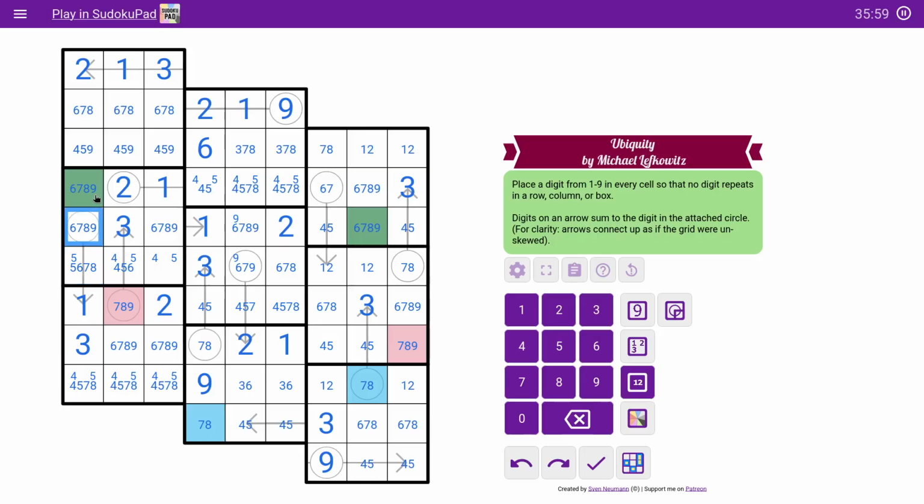If this is not a 6, this is a 4, 5 pair. This is a 6. This is 5, 4. This is 7, 8, 7, 8, or 9.